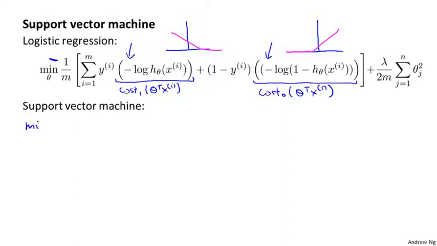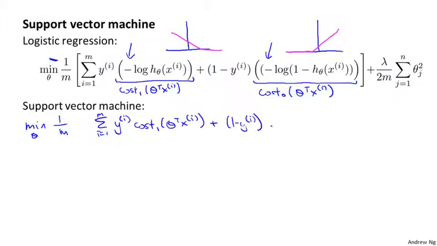So what we have for the support vector machine is a minimization problem of 1 over m, sum over my training examples of y^(i) times cost 1 of theta transpose x^(i) plus 1 minus y^(i) times cost 0 of theta transpose x^(i), and then plus my usual regularization parameter, like so.